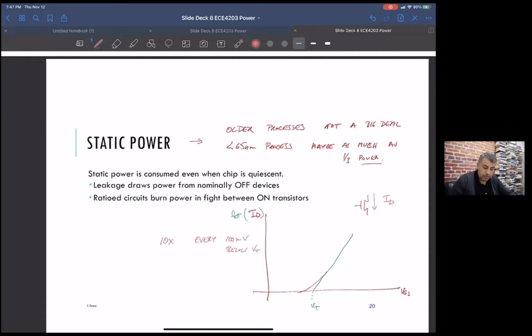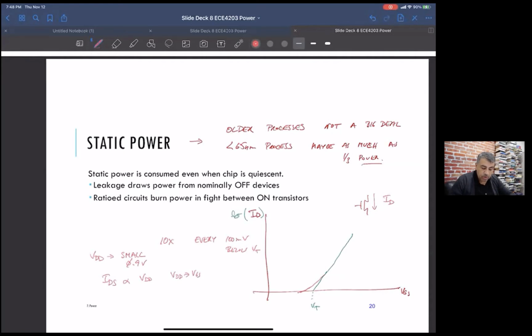Let's say you made this blazingly fast process, and you made your VDD small, say 0.9 volts for the sake of discussion, because you want to reduce your dynamic power consumption. Now you've got a problem, because IDS depends on VGS, and VGS is VDD.